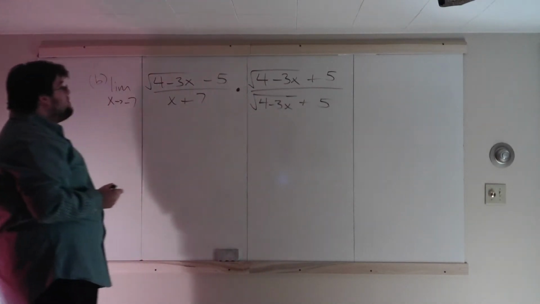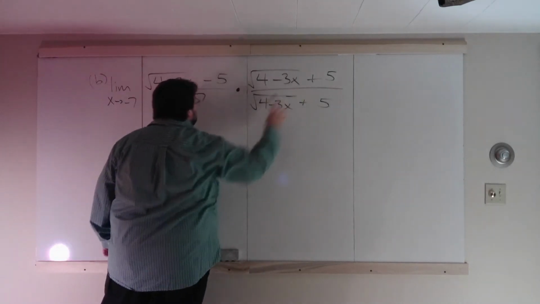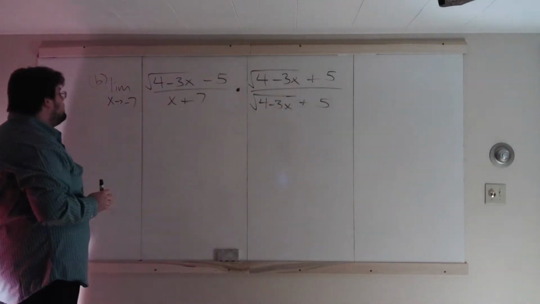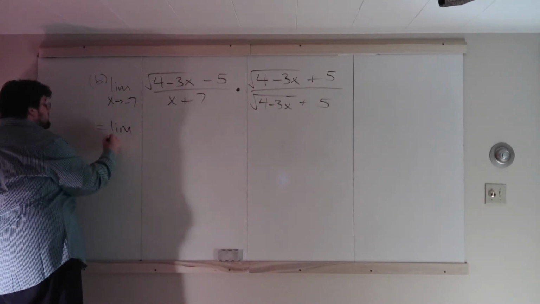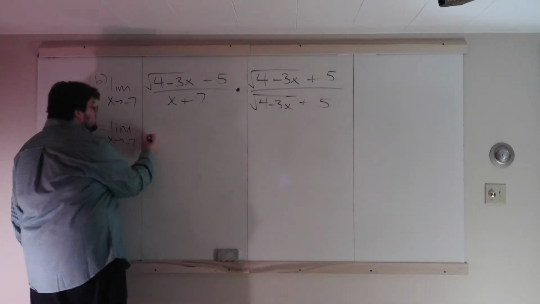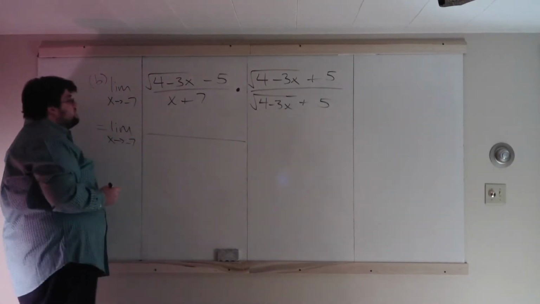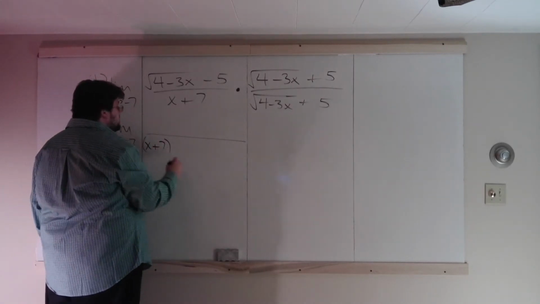So we're going to multiply by that one, where the only difference is the negative is now a positive. Well, now, we haven't taken a limit yet. Before writing the numerator, let's just write that denominator, because we're not going to do anything with the denominator yet.